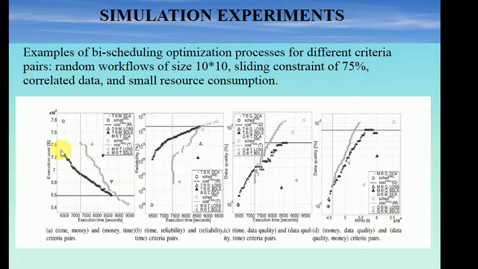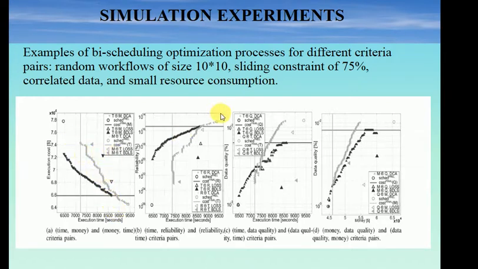In all of these, the unfilled marks say the LOS, the black ones say the BDLS, and the filled triangles, as mapped over here, are the DC algorithm.